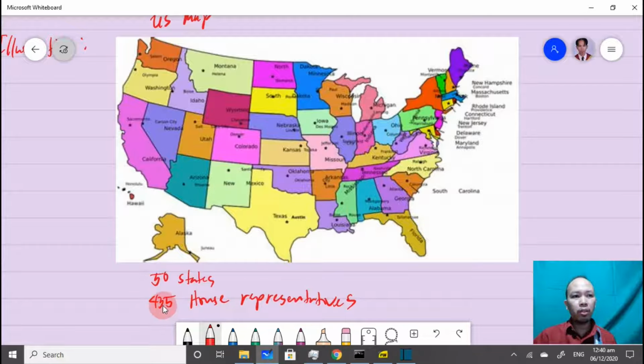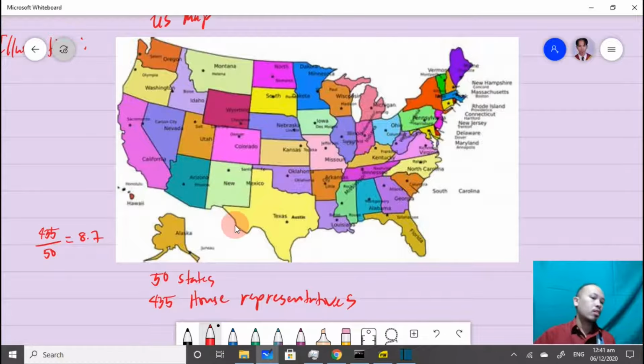So how are you going to distribute the 435 representatives to 50 states? The usual way is you divide 435 by, let's say, 50. Let me use a calculator here. 435 divided by 50, the answer is 8.7.